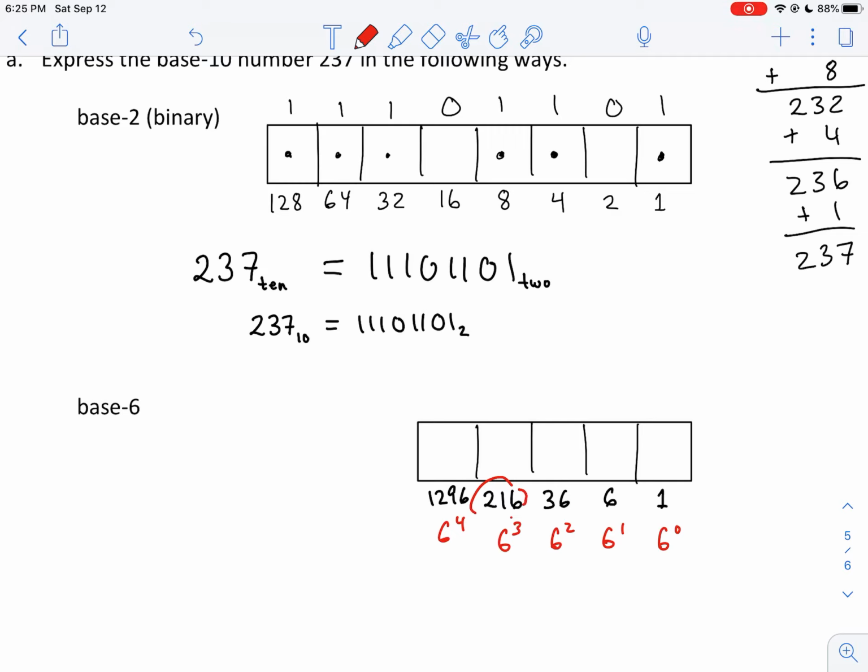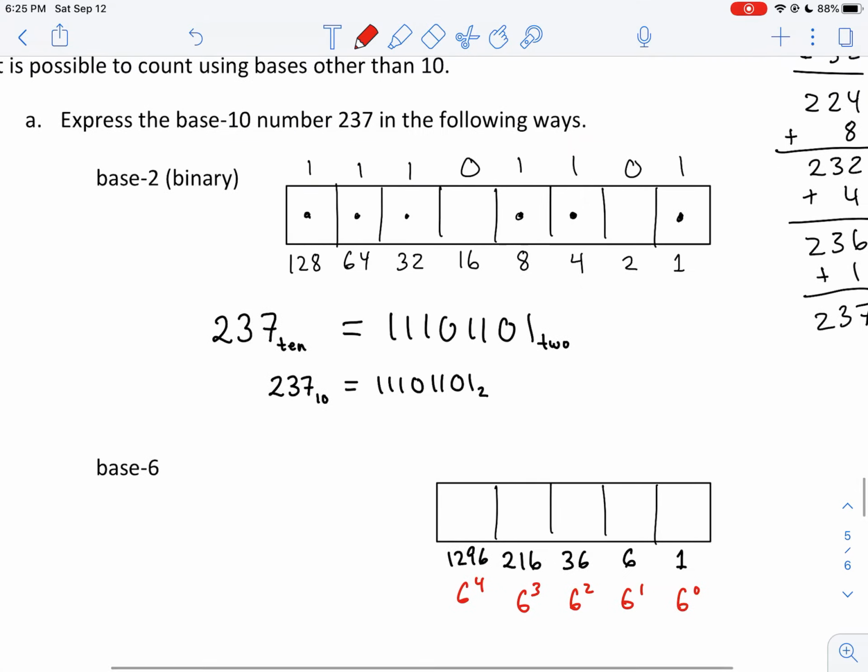How many of these do I need? 216s. I definitely need one 216. Do I need more? No, 2 216s is too much. Remember, in each of these boxes, you can have up to 5.